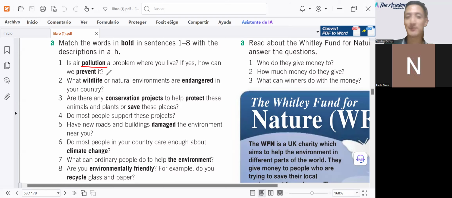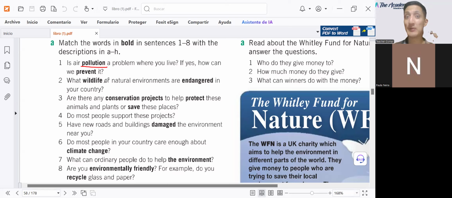Let's continue. Number 2, wildlife. What is wildlife? It is related to wild animals, lions, leopards, monkeys. They are wild. Vida salvaje. Es vida salvaje, vida silvestre, right?